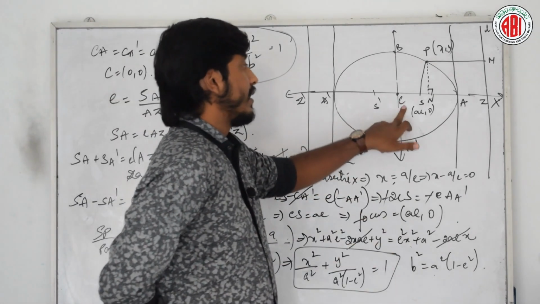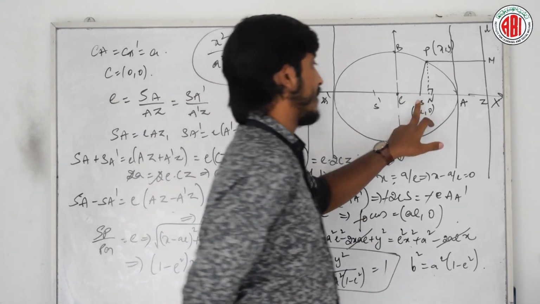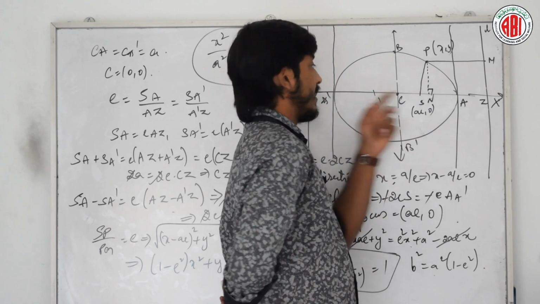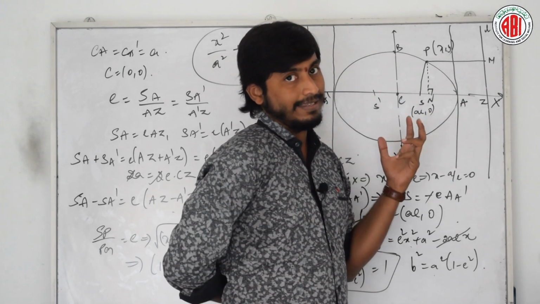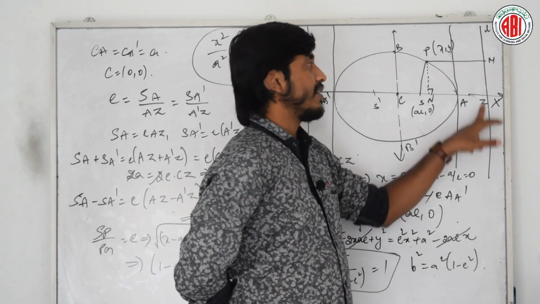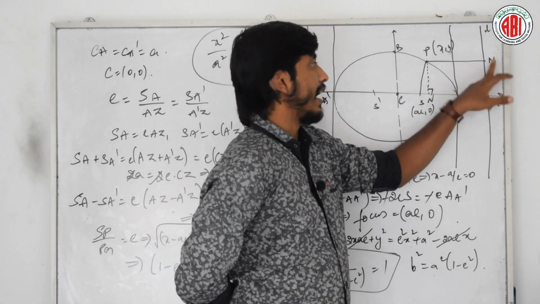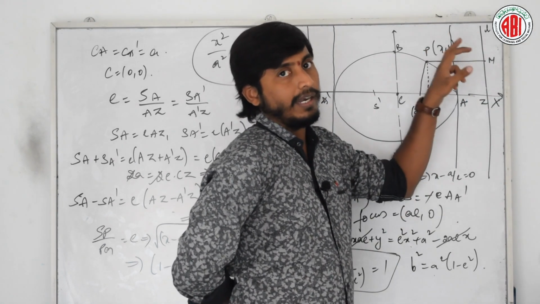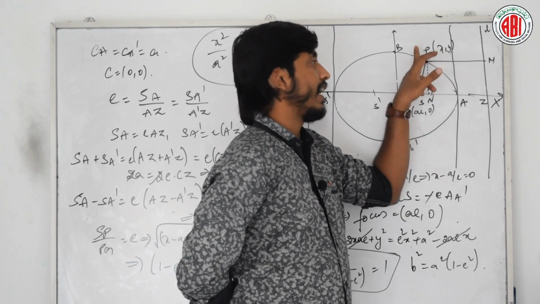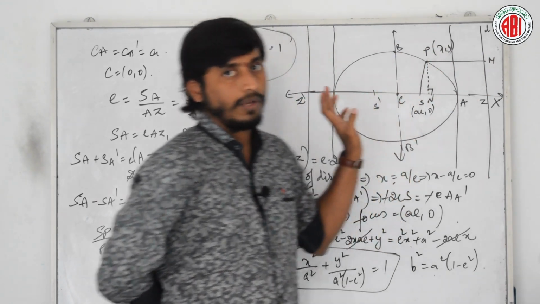Starting from the center of the ellipse, we will assume S as the focus, A and A dash as the two vertices. From here again, Z is a point on the directrix, M is the normal point or the perpendicular point from any point of the ellipse.